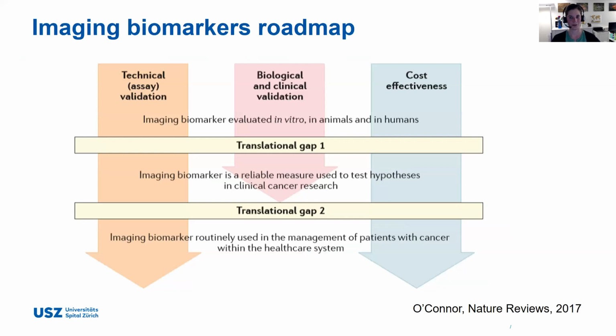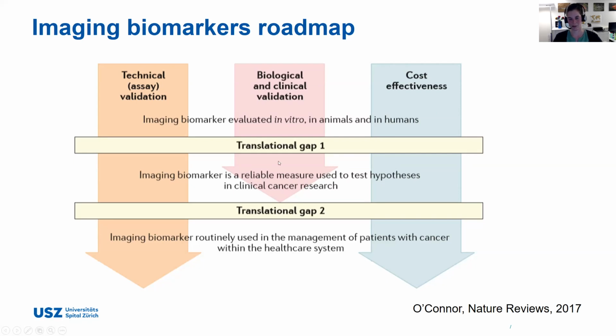How should we now introduce such an imaging biomarker into the clinic? There's the so-called imaging biomarker roadmap published in 2017, which describes three steps of introducing an imaging biomarker. And I'm very afraid we are still in this first phase. The first phase is the hypothesis testing, the development of the model, and maybe the retrospective validation of these biomarkers.